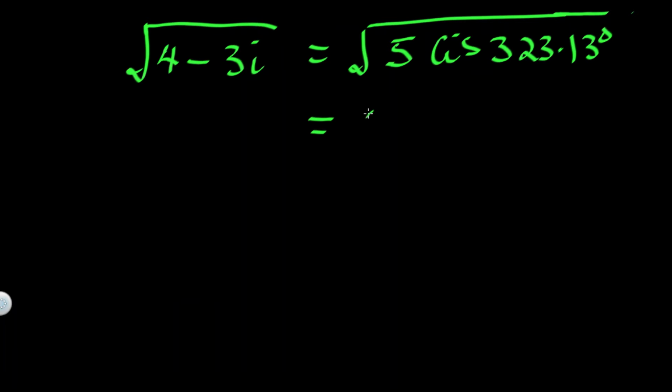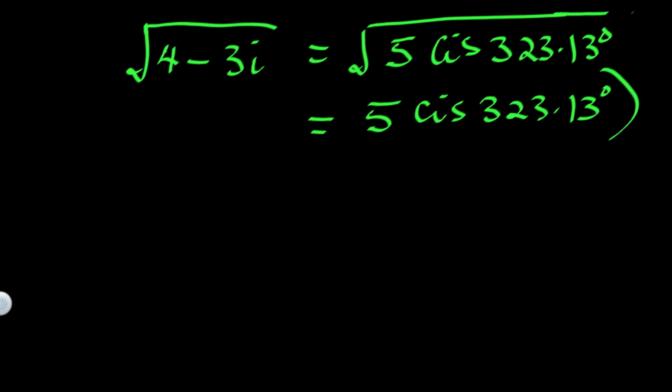So this means 5 cis 323.13 degrees to the power of 1/2. Application of de Moivre's theorem gives us root of 5, because 5 to the power half actually means root of 5.